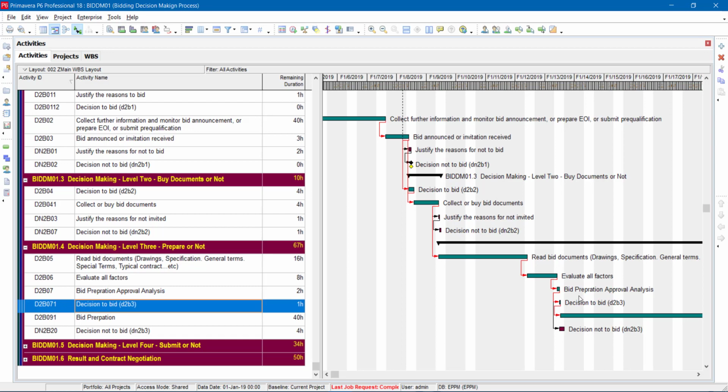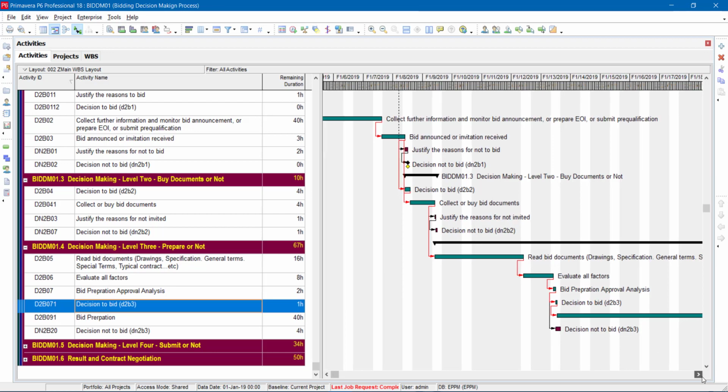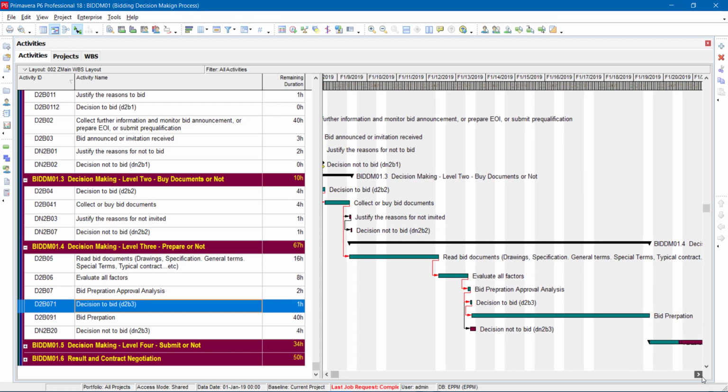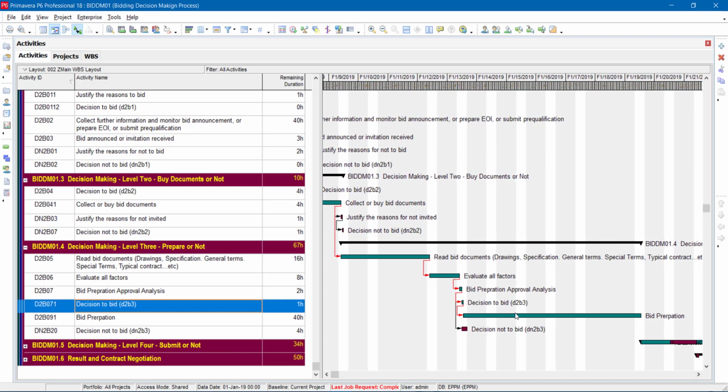In this stage, you already know a lot of information, and your analysis of all factors involved, including risks, should be evaluated to say, okay, we go for this bid, or the decision to bid is not there, we will not pursue. But if the decision is to bid, then you start bid preparation.